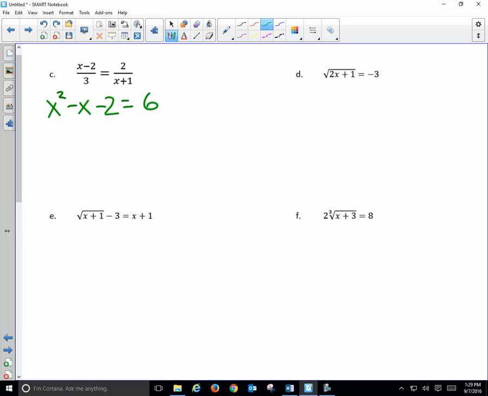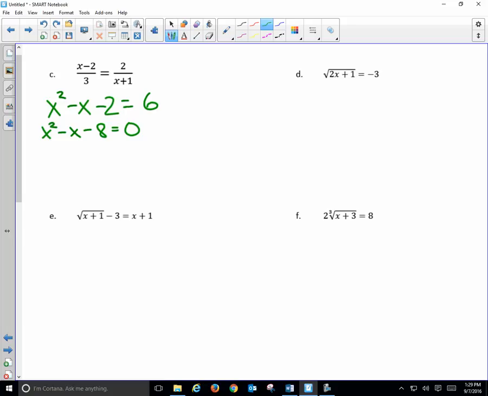So if x squared minus x minus 2 is equal to 6, now what? It's equal to 0.